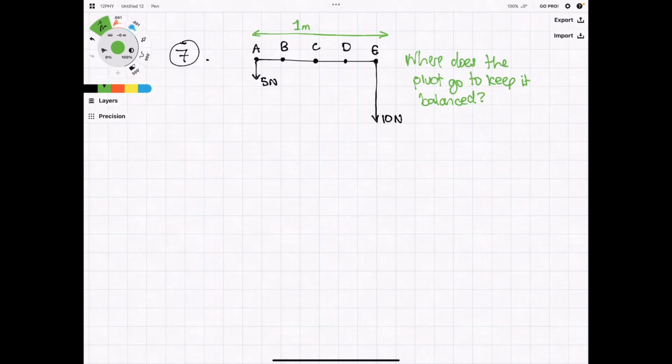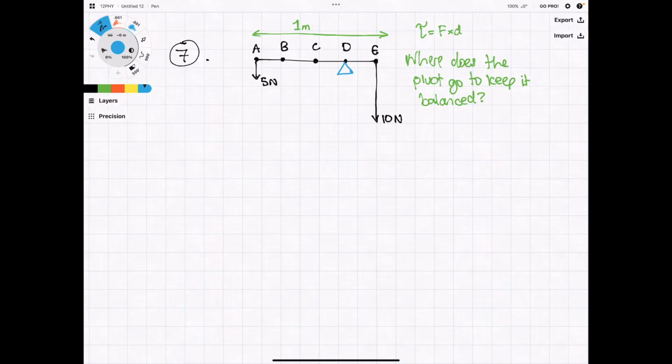The 10 Newton side will create more torque because it has a greater force, reminding ourselves that torque equals force times distance. So if we want to balance out more force with slightly less force, the pivot is probably going to need to be at D.